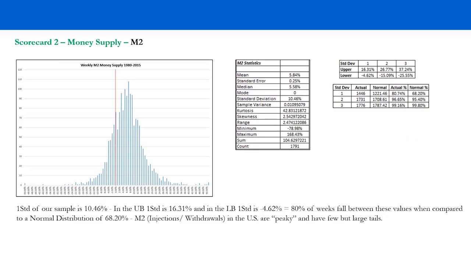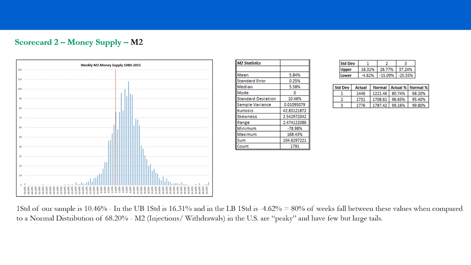So in terms of interpretation, this fits what we know in terms of how central authorities behave. In the vast majority of cases, central authorities, when it comes to M2 money supply, will actually increase the money supply at a very predictable rate.